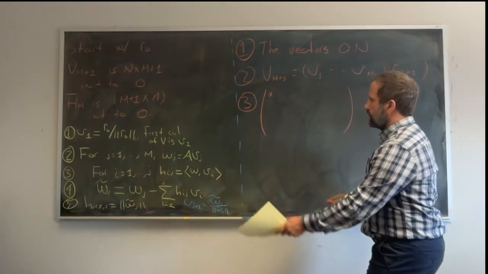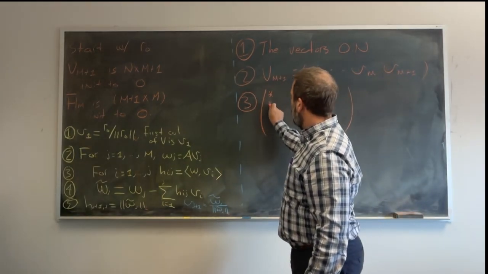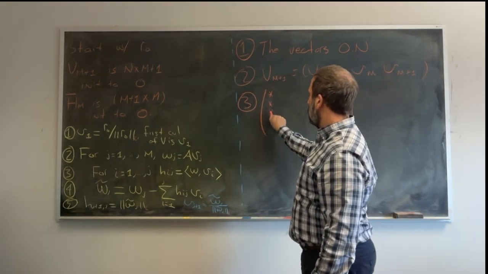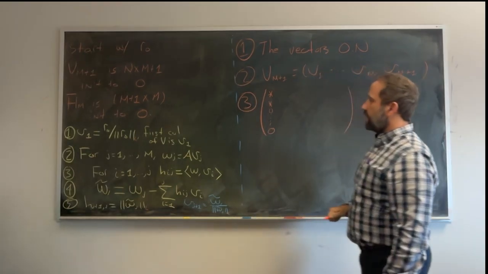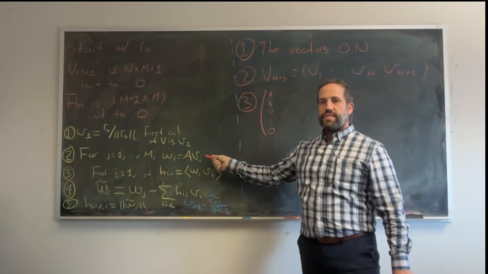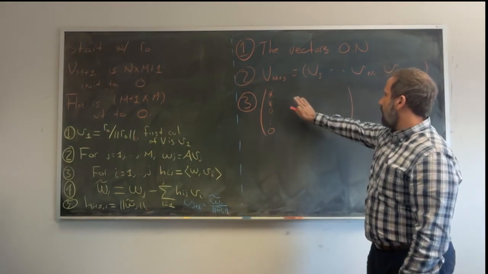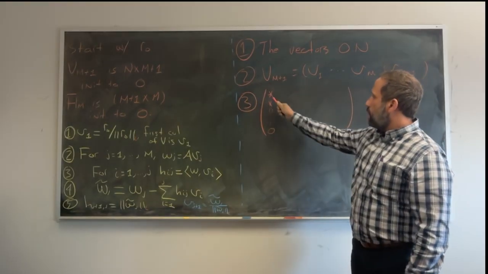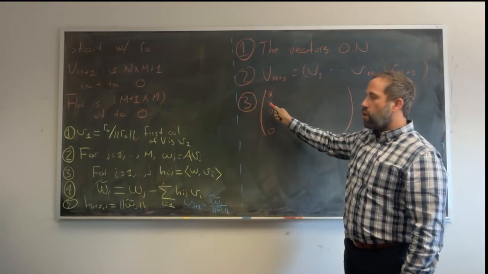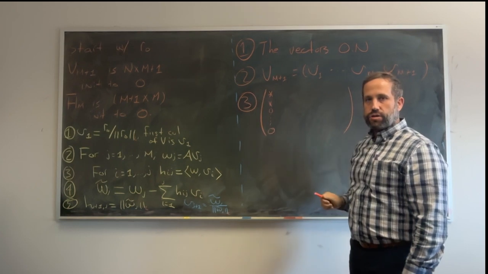That's going to be whatever this is. So we're not going to have an entry here. But after the first step of this outer loop, H is going to have zeros here, an entry below the diagonal, and then zeros everywhere else.